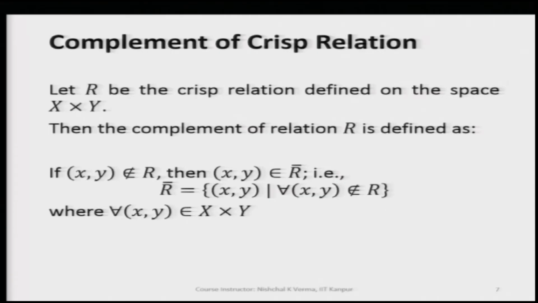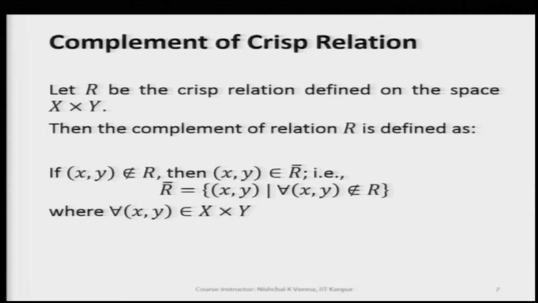R bar is the complement set, and this complement of relation R will basically be the collection of all the ordered pair elements x comma y such that x comma y does not belong to the crisp relation set R that we have taken.